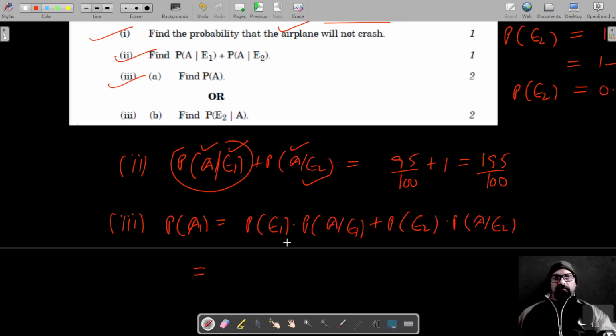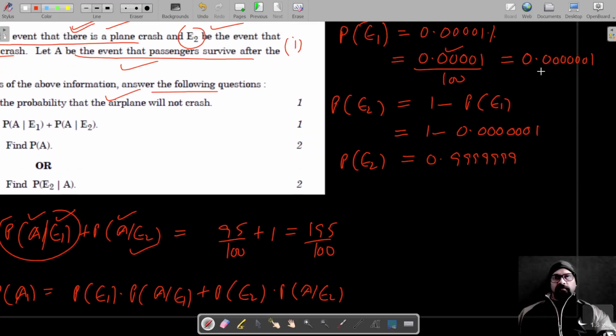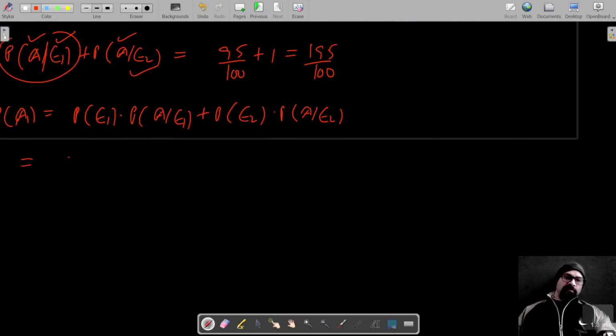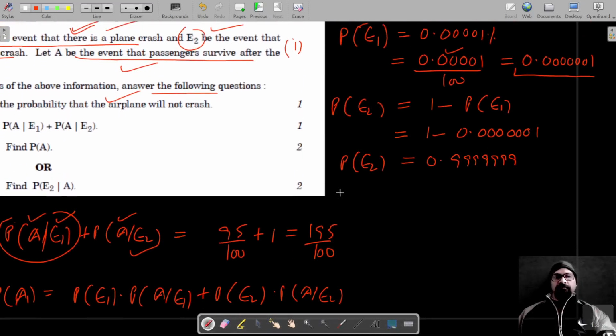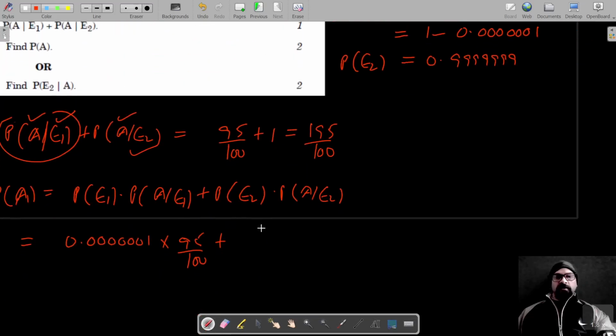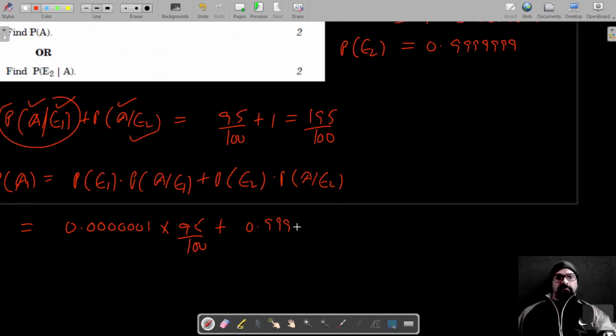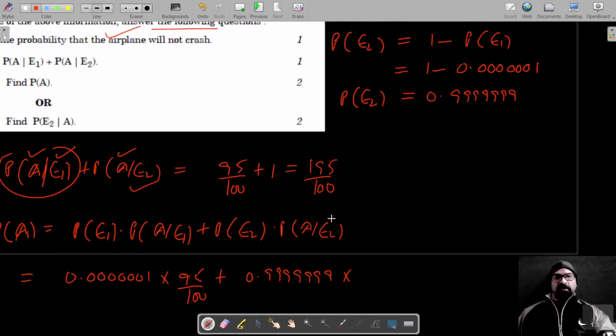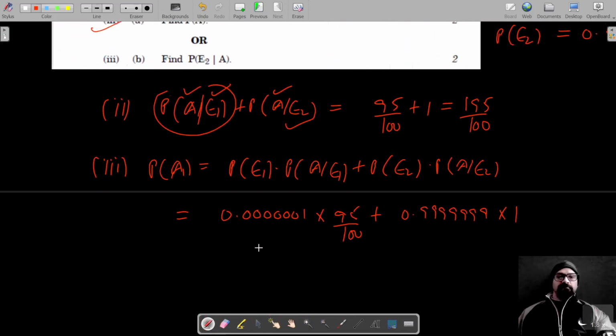Putting in the respective values, E1 was 0.1234567 into the probability of A by E1, which is 95 by 100, plus the probability of E2, which is 0.1234567, into the probability of A by E2, which is 1.